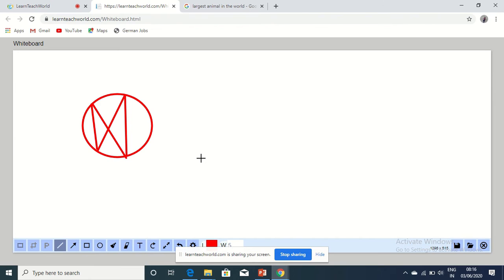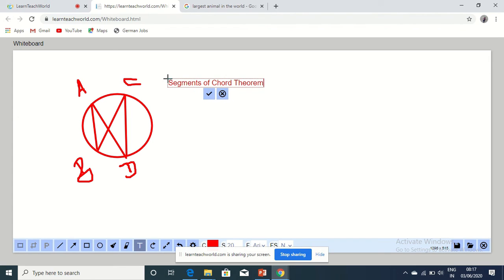Suppose this point is A, this point is C, this point is B, and this is D. So there are two chords, AD and BC. This is the segments of chord theorem.